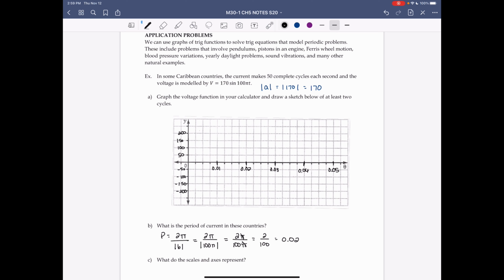When I tried this with my graphing calculator app that I have on the iPad, it just wouldn't graph. It was having issues. So I graphed it on my graphing calculator, and I will insert some pictures of the screens of what it looks like.